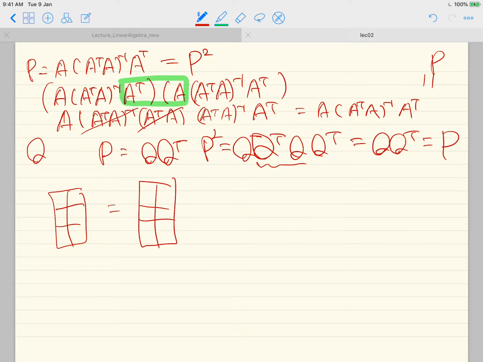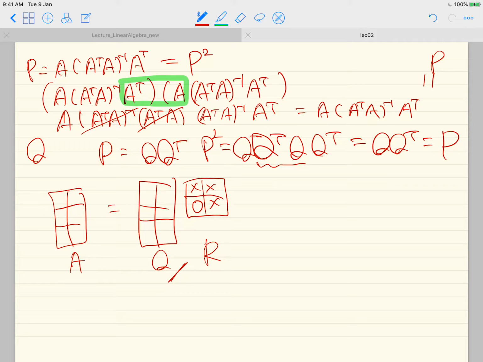So this is A, this is Q, and R is this, with nonzero entries forming an upper triangular matrix. This is the representation of QR decomposition. My point is that Q can be a rectangular matrix, of course.